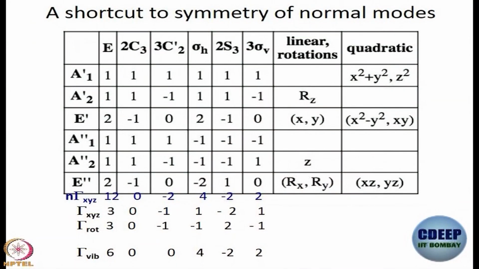Look at the character table. What does E dash contain? X, Y. What does that mean? That means X and Y are not separable. They transform together. But X is one coordinate, Y is one coordinate, right? So, it has 2 coordinates. Similarly, whatever normal mode of vibration you have, there are 2 in each E dash. We have accounted for not 3, but 5.